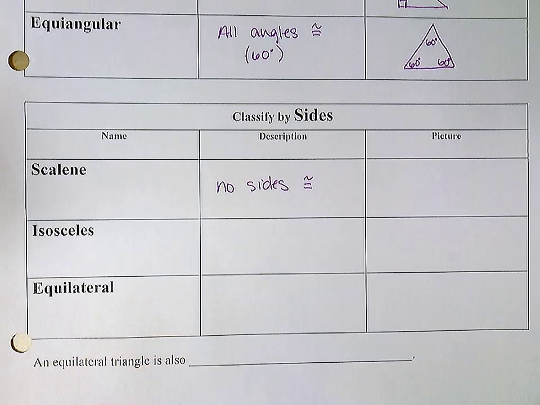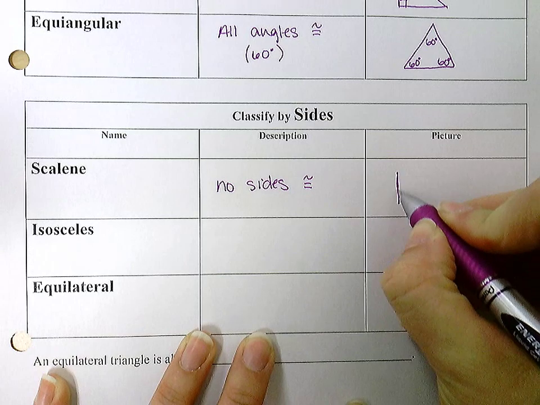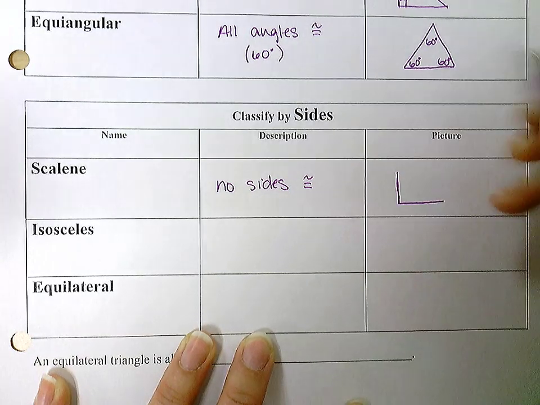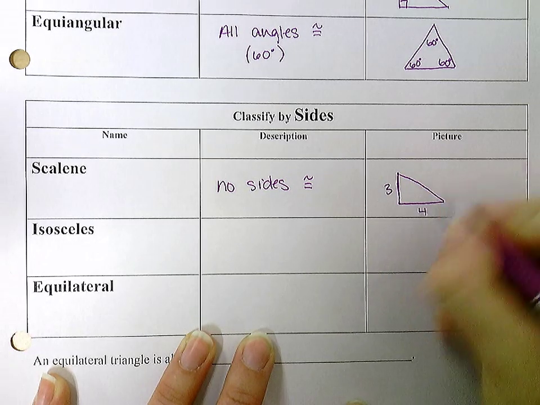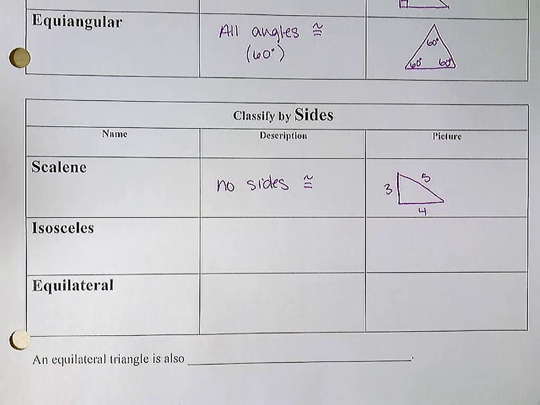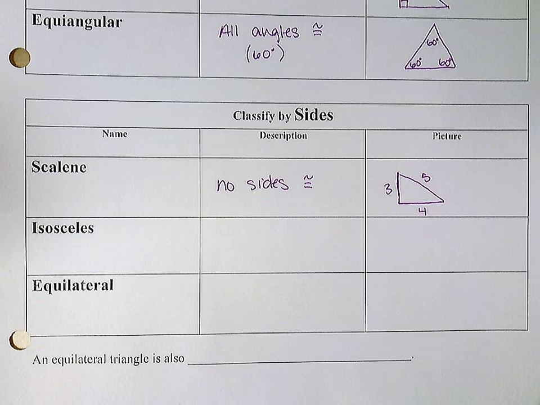So all of your sides have different lengths. So here if I label these all differently, one side's 3, 4, and the other's 5. All 3 sides have different lengths.